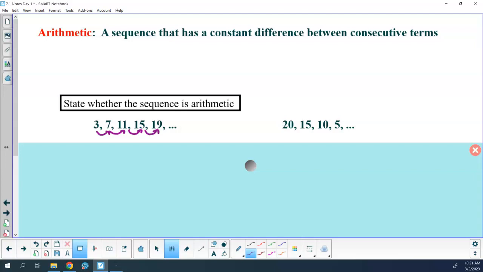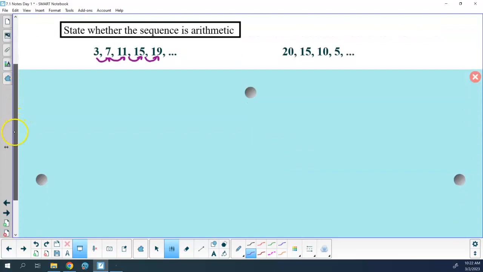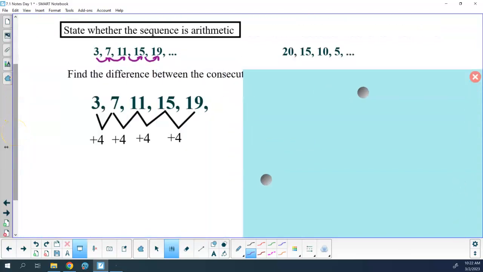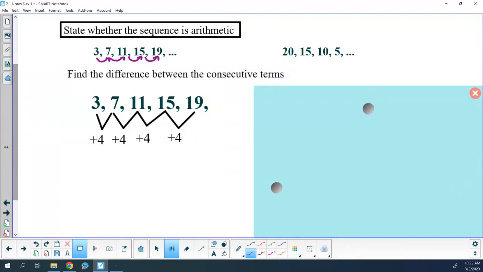Okay? So to go from 3 to 7, we add 4. So 7 plus 4 is 11, which is what we have. So we're good so far. 11 plus 4 is 15, so we're good so far. 15 plus 4 is 19, so therefore this one is an arithmetic sequence.